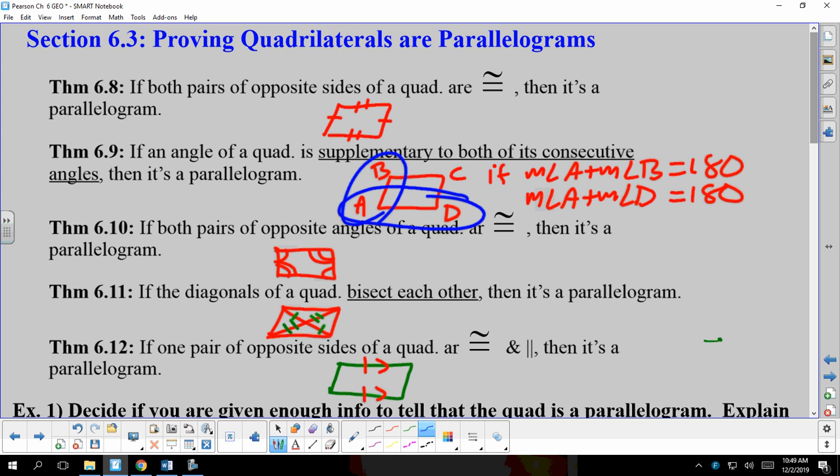We'll look at that in second semester when we get into trigonometry. We'll be able to calculate angles. Next, we discussed if the diagonals have the same midpoint, then they bisect each other. So I could use 6.11. It's probably the easiest way. And then I could also use 6.12, calculate slopes and lengths of sides, see if they're parallel and congruent. So the only ones I can't use right now are these two.